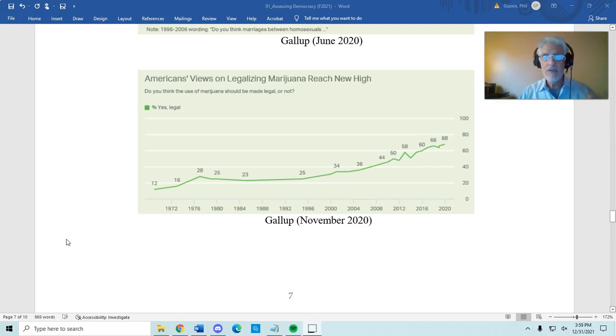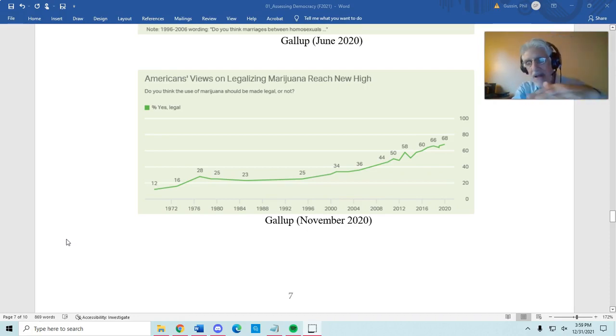But at the federal level, that hasn't changed. In 1970, the Congress passed the Controlled Substance Act. And in that Controlled Substance Act, it identified marijuana as a Schedule 1 drug. What that means is that the drug is considered to have a high potential for abuse, and it has no medicinal value.